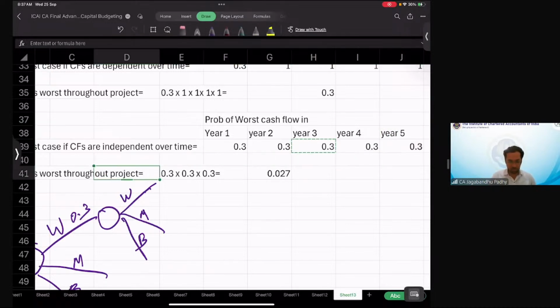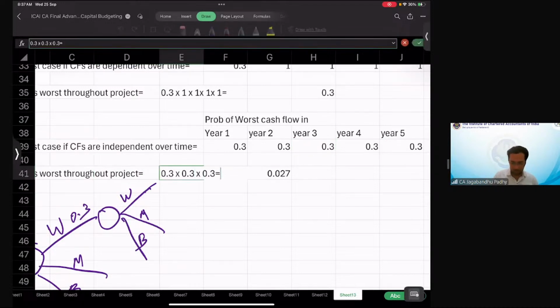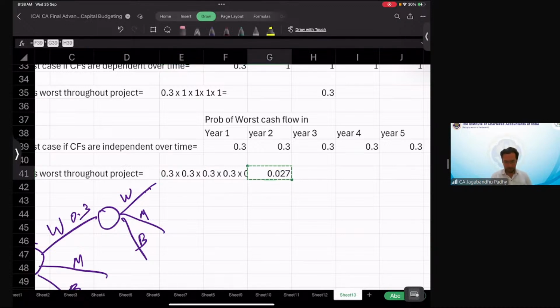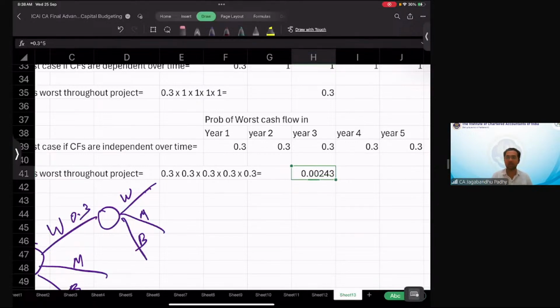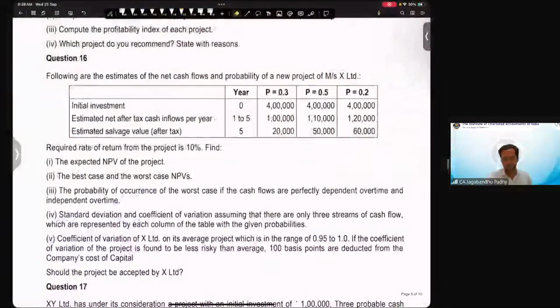Of course, this is going to be 0.3 into 0.3 into 0.3, further multiplication we need to do, and then again further multiplied by 0.3. This will be, of course, 0.3 to the power of 5 years. This will be the number, correct? The project life was 5 years. I need to multiply that 5 times.